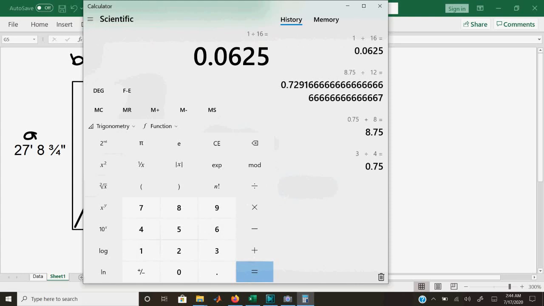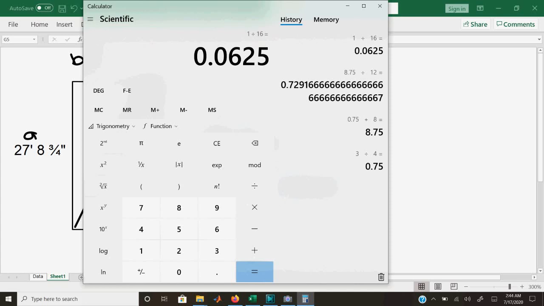But when I'm rounding, I don't want to round too far. So I'm going to have 5. I need at least 5. I'm going to record 6 decimal places, just to make sure that I get enough accuracy.